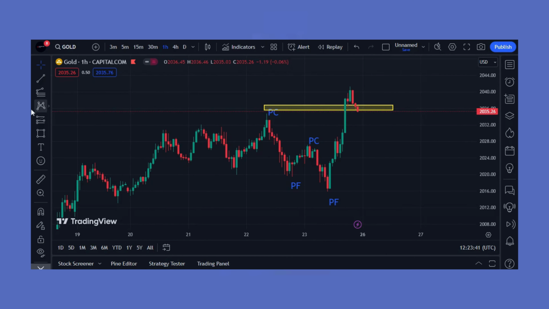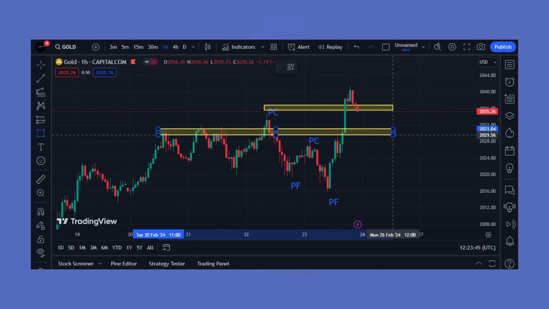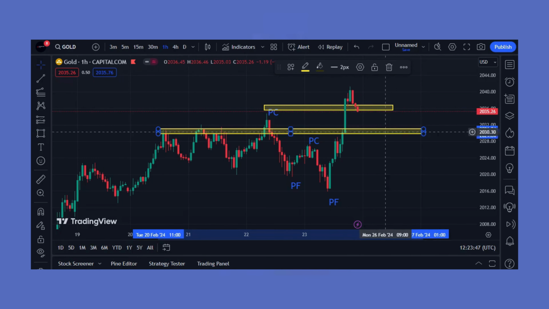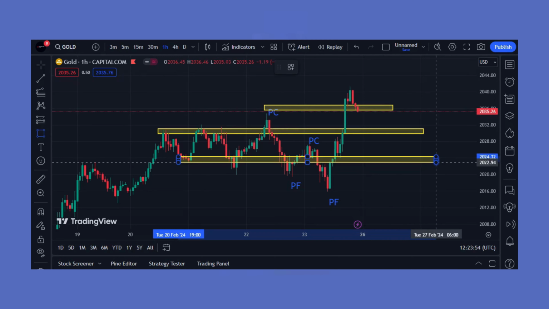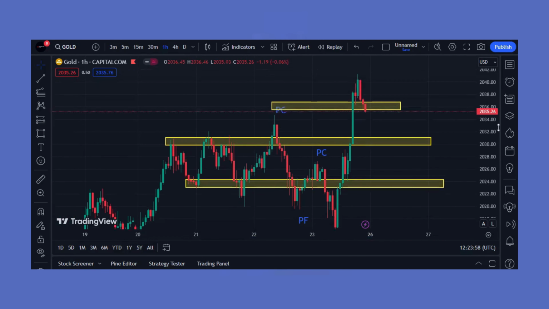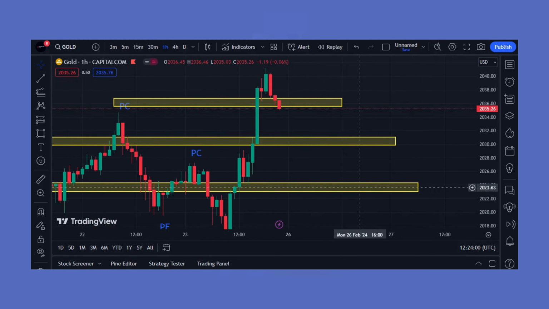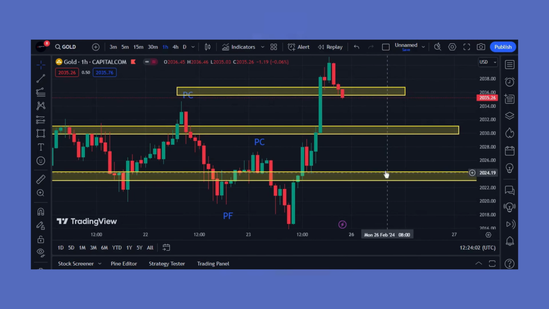As you can see, somewhere here there is another price clutter, and here is a price clutter. So these are the closest price clusters where the retail traders will be looking for entries and exits, and this way most of the stop losses will be.